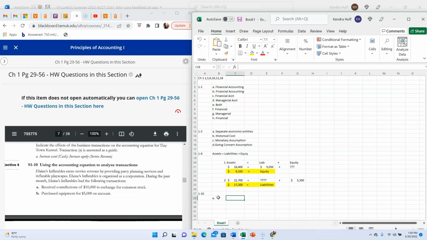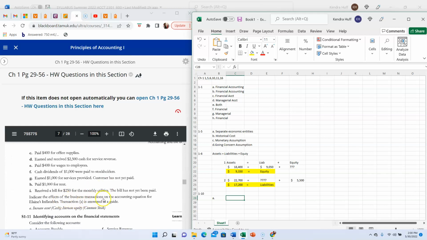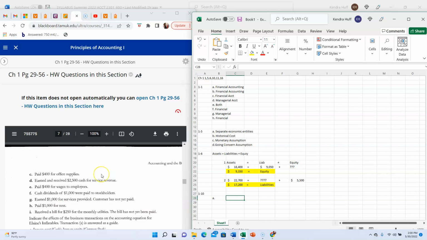Elaine's Inflatables is organized as a corporation. During the past month, Elaine's Inflatables had the following transactions. We indicate the effects of the business transactions on the accounting equation. Transaction A is answered as a guide.